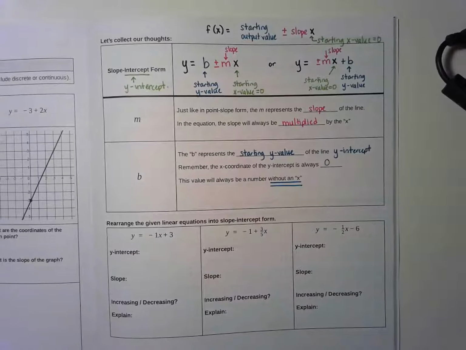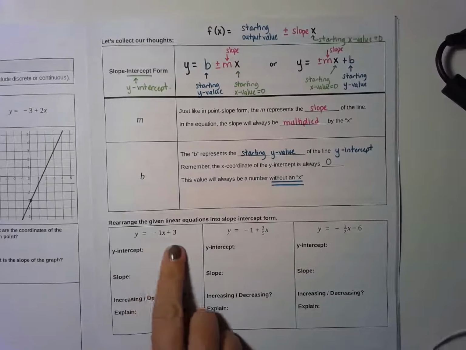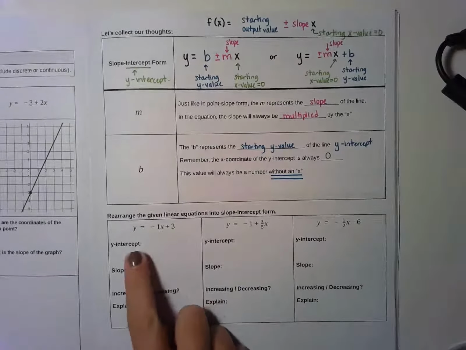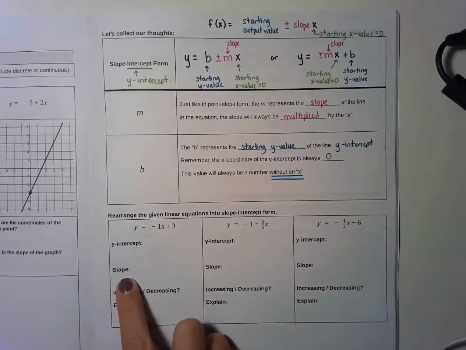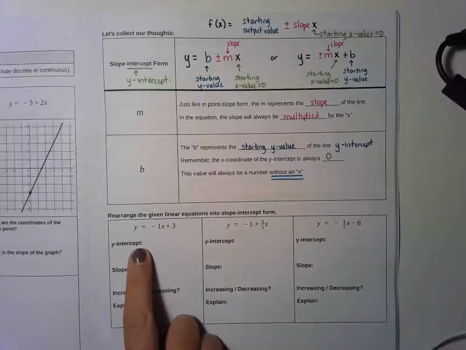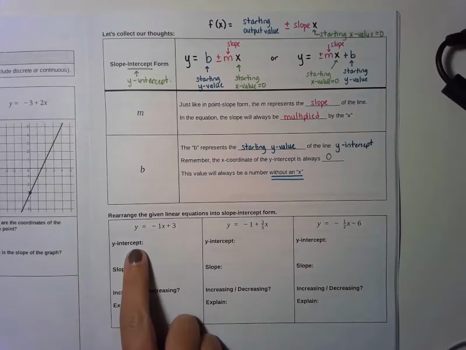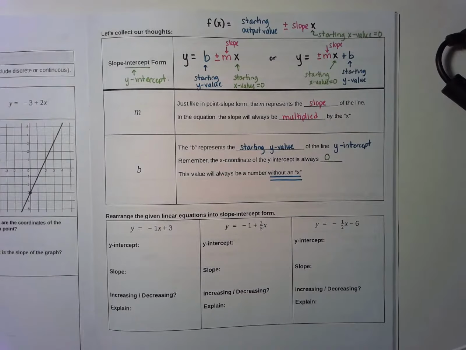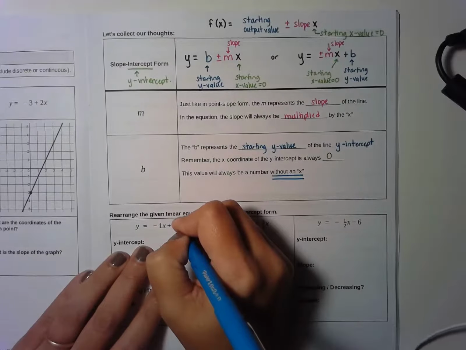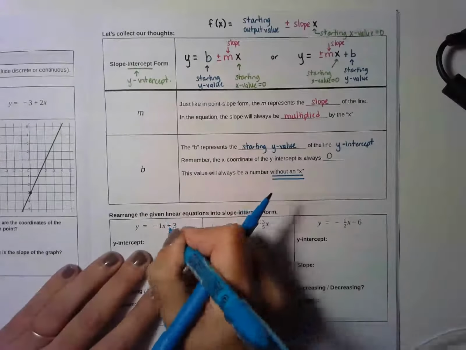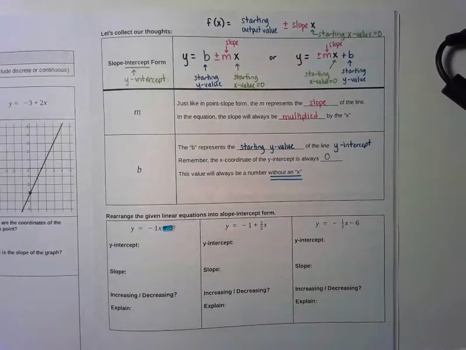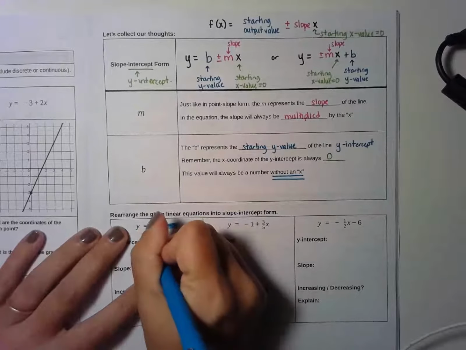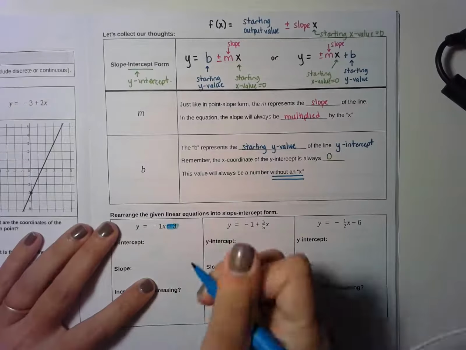Let's practice identifying these from the equation. So in this first equation, we're going to try to find the y-intercept and the slope. You'll notice that I didn't write point and slope because it's not just any old point, it's a y-intercept. It's a special point. In this equation, the y-intercept would be 3 because that's the number in the equation that is not attached to an x.